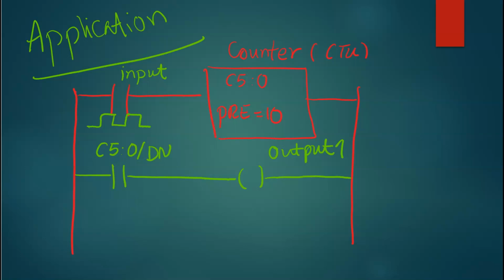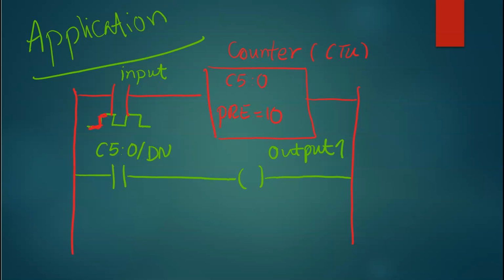As you can see, every transition from false to true will be detected by the counter. For example, at the end of this signal, I expect to have an accumulator value equal to 2 because I have 2 transitions from false to true during this period. After detecting 10 transitions from false to true, the done bit will turn to 1, and then output 1 will be turned on.